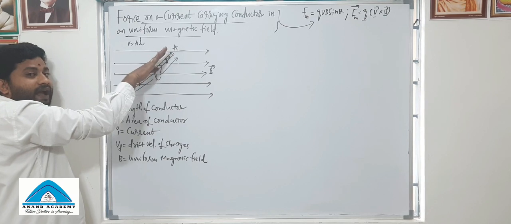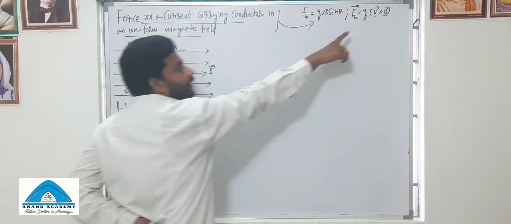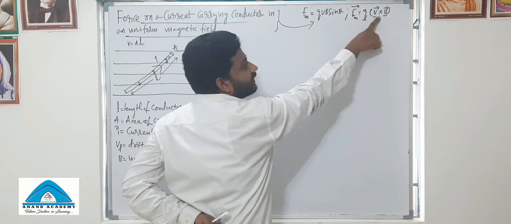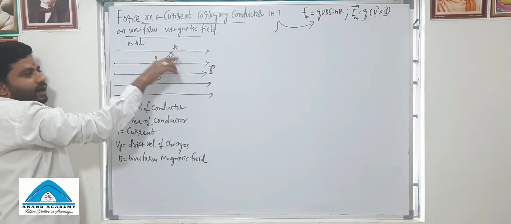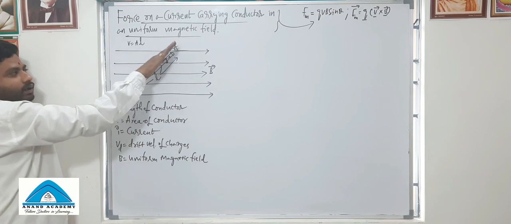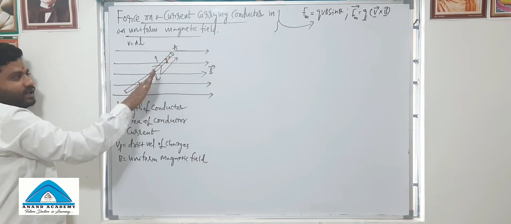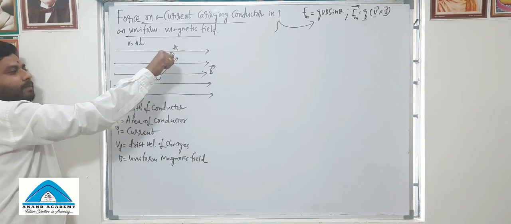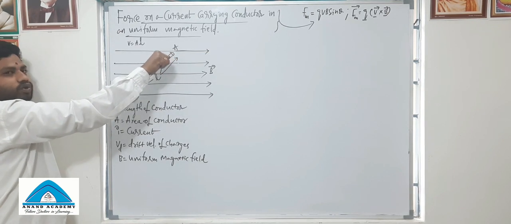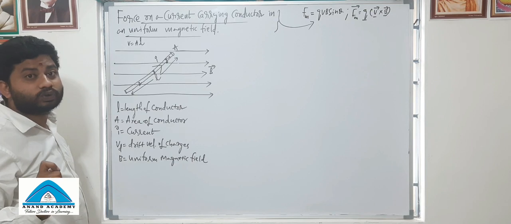Clear? And we need to curl our stretched fingers in the direction of B bar. It's so simple. This is V bar and B bar is here, right? So V bar cross B bar. Understand? So this is V bar. Towards B bar I am just curling it. And you see the thumb is pointing. The thumb is giving you the direction of magnetic force.